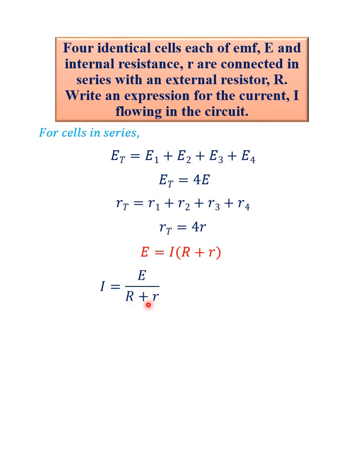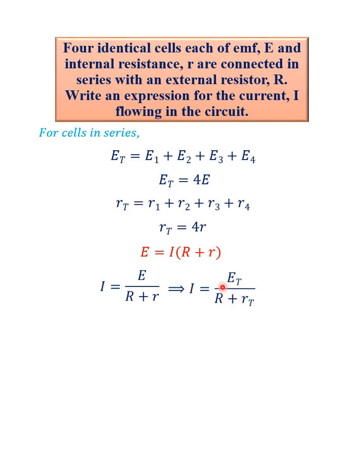But one thing to note here is that since we have more than one cell, it means we'll be looking at the total EMF and the total internal resistance and not just one of them, right? So we can rewrite this expression to say that I will be equal to E total all over R plus r total. What we just need to do is to substitute the expressions for E total and r total into this formula.